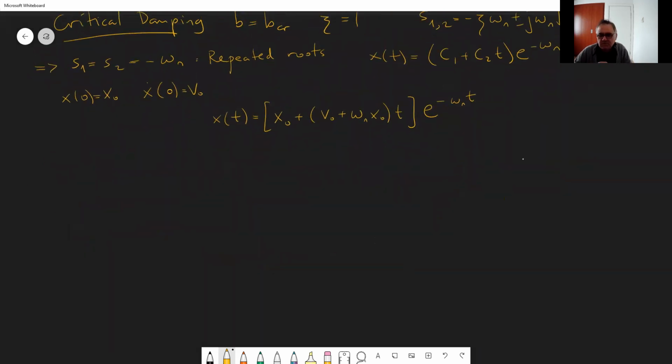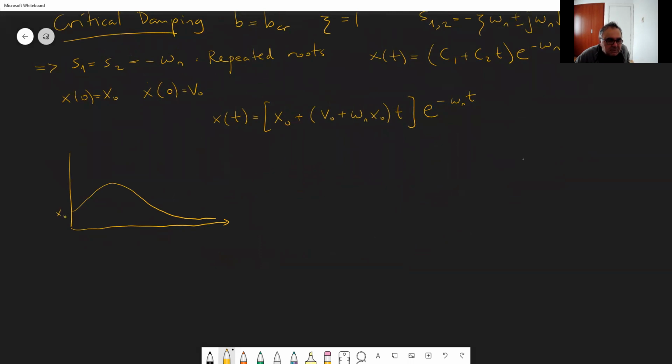So with the critical damping case, this is not a vibration anymore. The motion starts from here and it just comes back here.